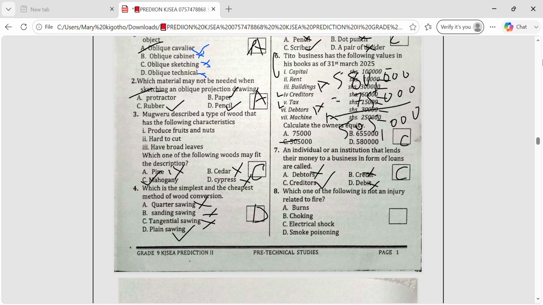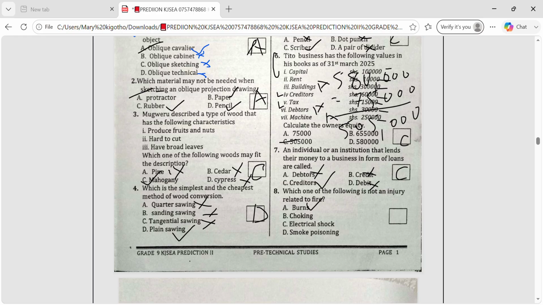Now let's continue. Hope you have gotten your answer. We start with burns. Burns can occur from flames or heat, so that's related to fire. We have choking.